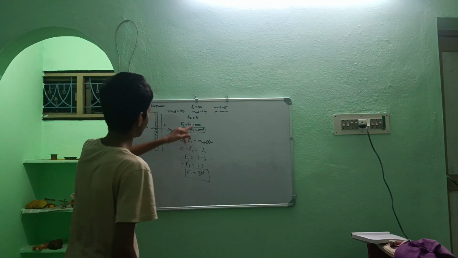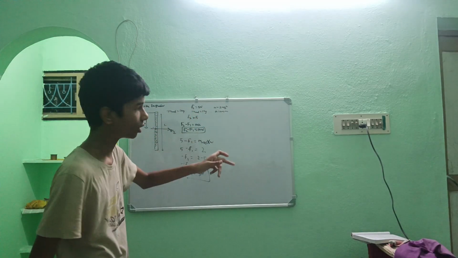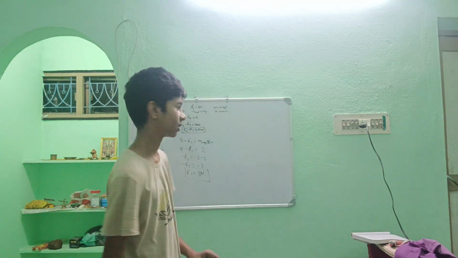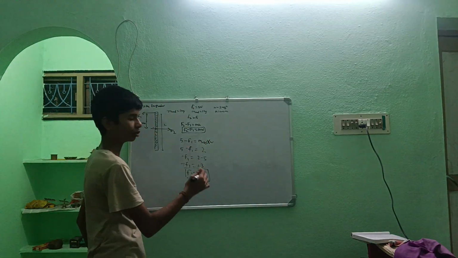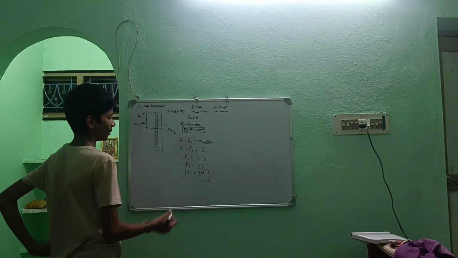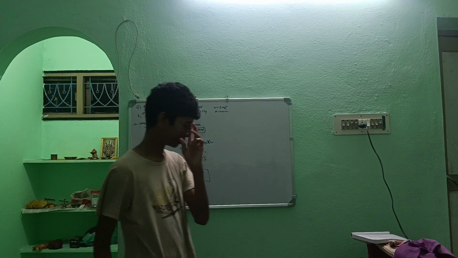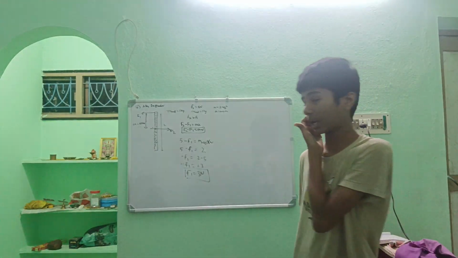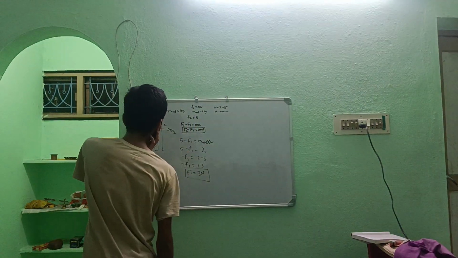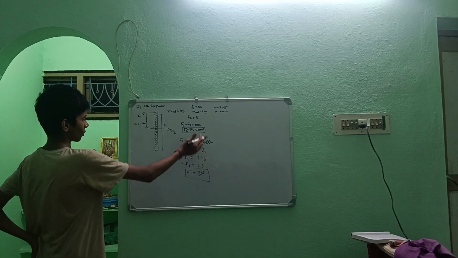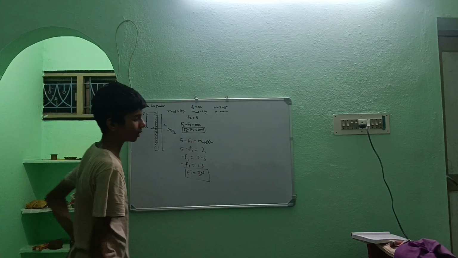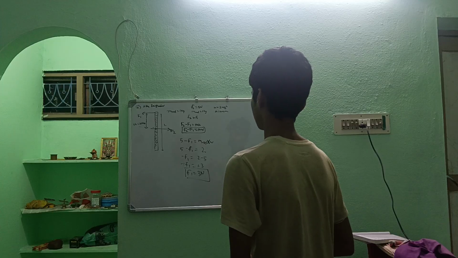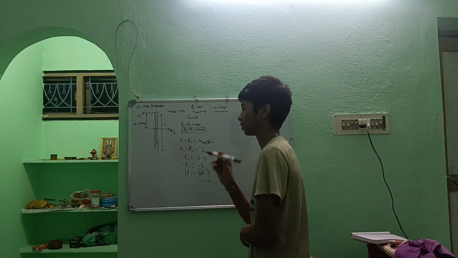What is the mass of the rod? 1 kg, and acceleration is 2 meters per second squared. 1 into 2 equal to 2. Okay? I am saying this for the people who don't understand how we get 2. We solve and get F1 equal to 3 newtons. Once we get this, we can easily solve the question.